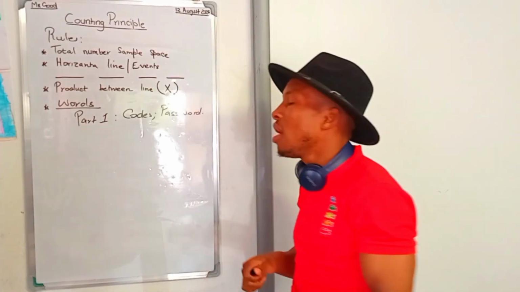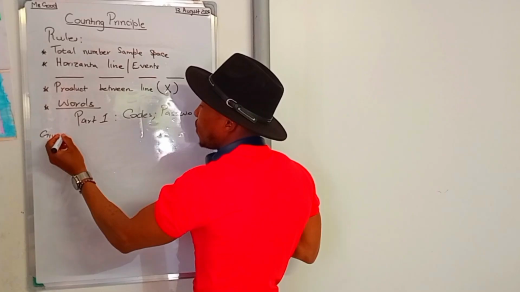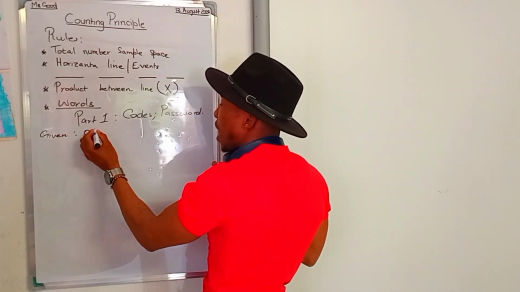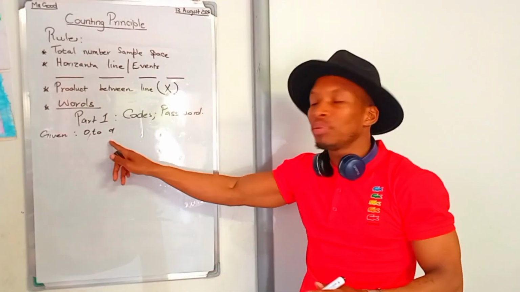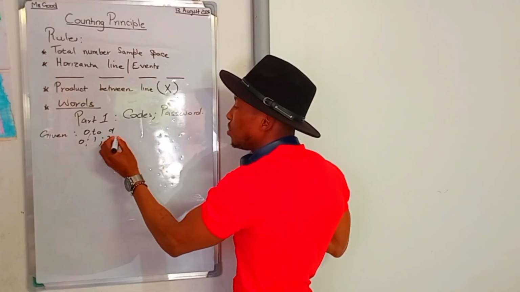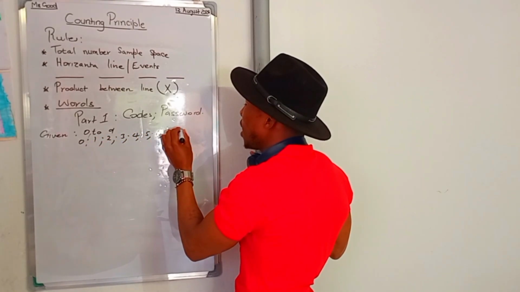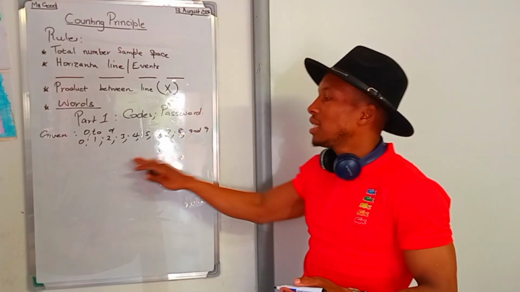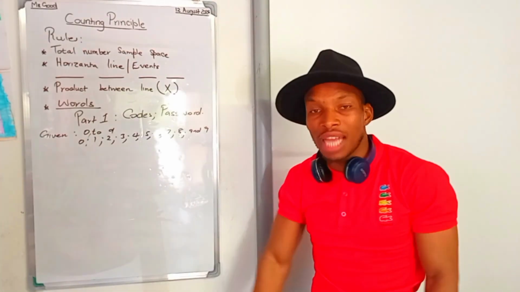As you know, the digits are from 0 up to 9. We have 0, 1, 2, 3, 4, 5, 6, 7, 8, as well as 9. Therefore these are the digits that we have in mathematics. There are 10 digits.